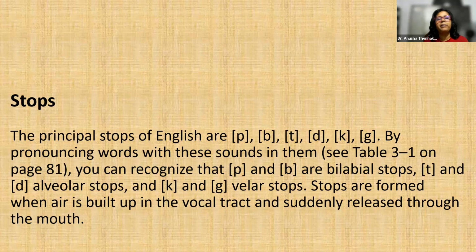Stops are formed when air is built up in the vocal tract and suddenly released through the mouth. We close it and then suddenly it comes out. That is why they are called stops. P. We close our lips, but we can't keep them closed for a long time. Then at once the air will go out. Stops.